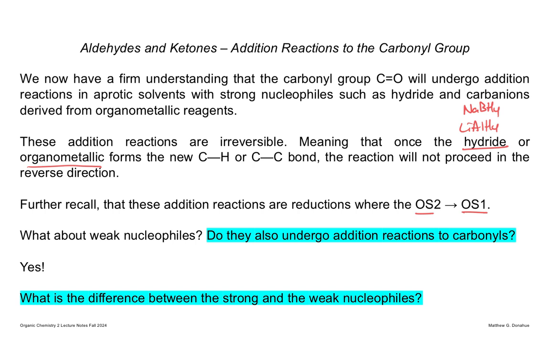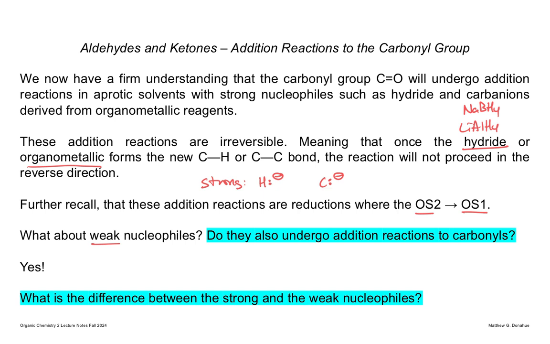But now what's new for this module is, what about weak nucleophiles? And the difference between strong and weak. The hydride reagents typically had H-, and then the carbon anion ones had carbon minus. So they have that negative charge associated with them, and it's balanced out by some metal.